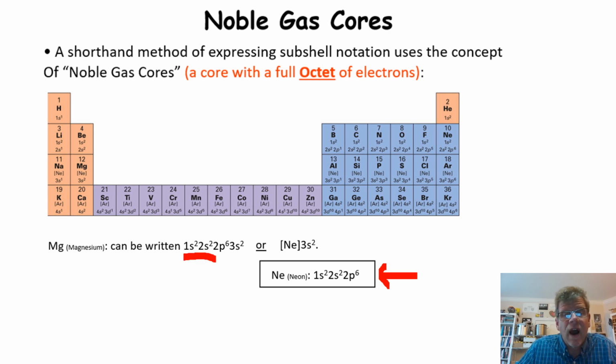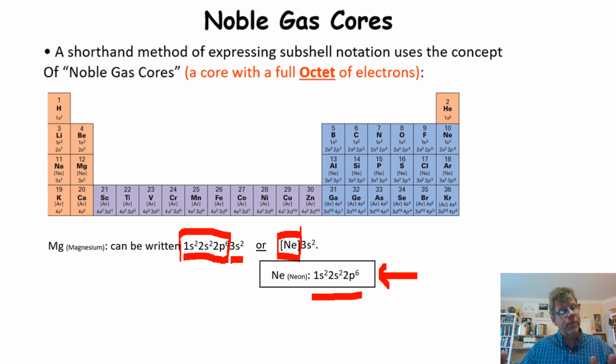Indeed, neon is this much, and what is in the currently open energy level is that much. So if neon is what we see right here, this whole piece can be taken out and replaced with the elemental symbol of neon in brackets. Brackets, not braces, not parentheses, but brackets.